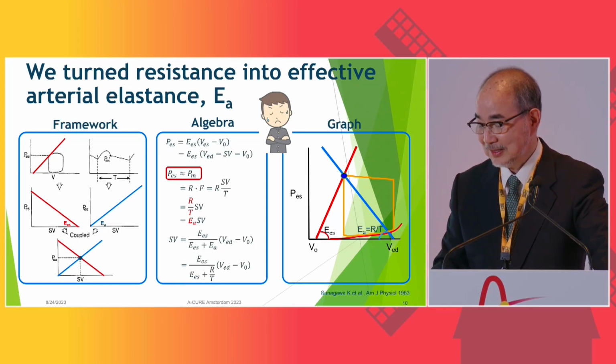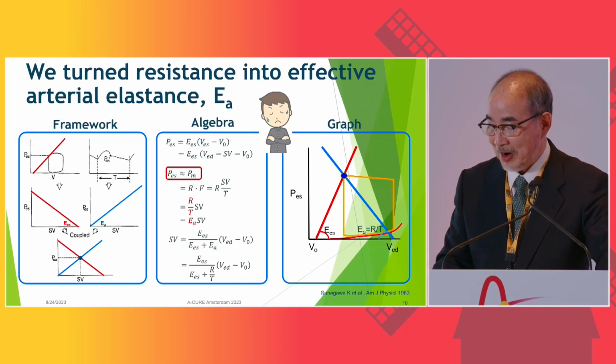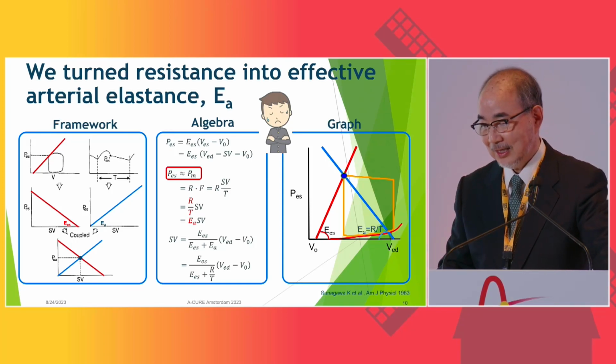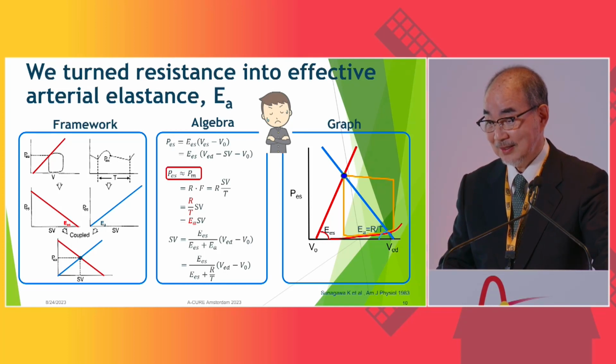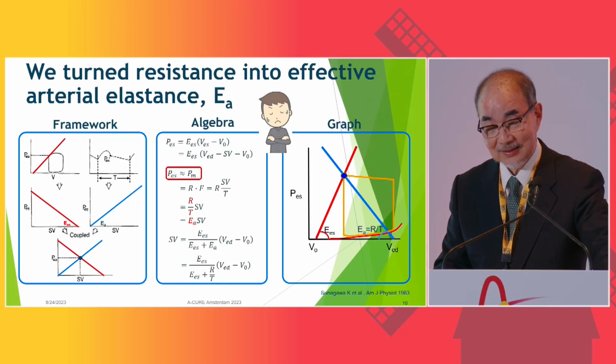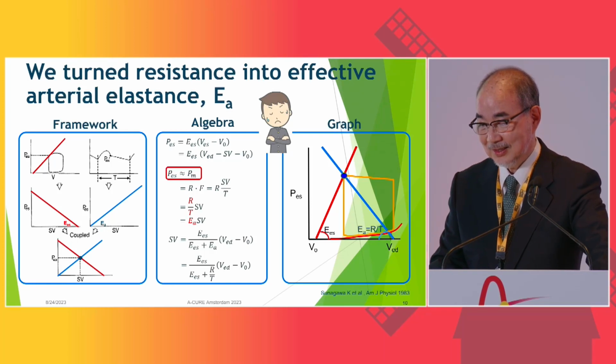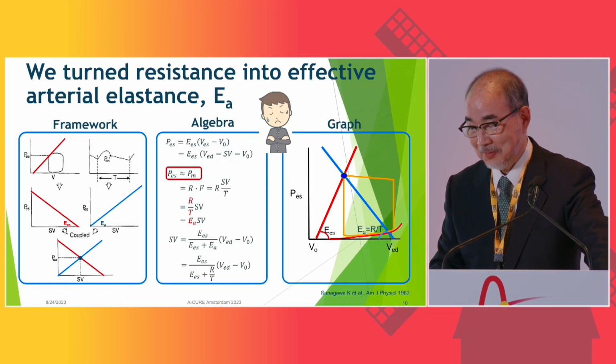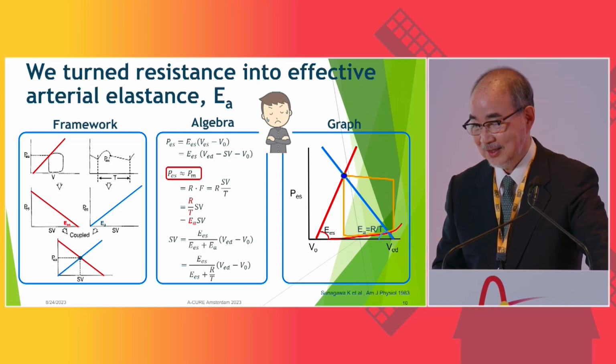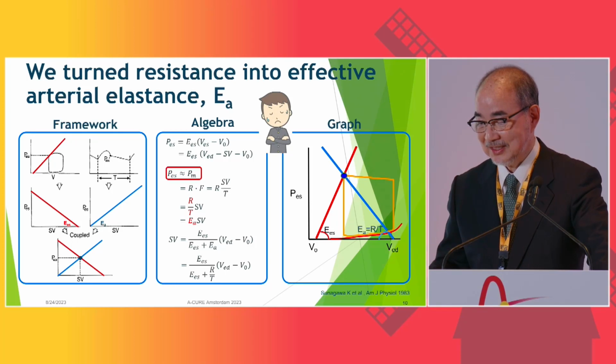And if you look at the second equation, rearranging gives mean pressure, or end-systolic pressure, as the product of stroke volume times R over T. And R over T has the meaning of EA. Now we wildly couple the vascular property to effective arterial elastance so that we can couple the vascular system with the heart.